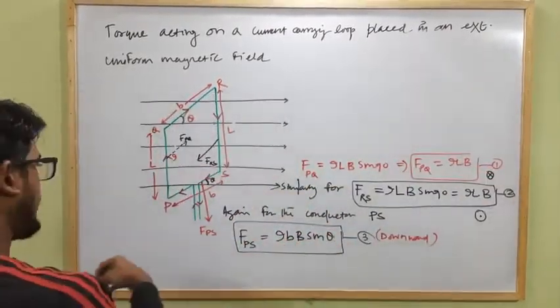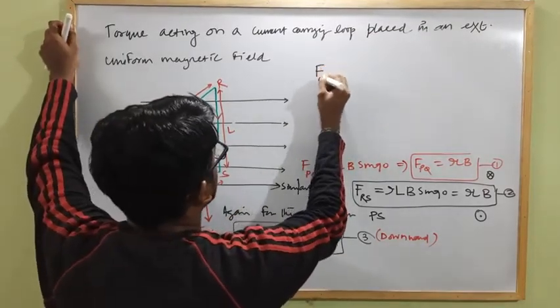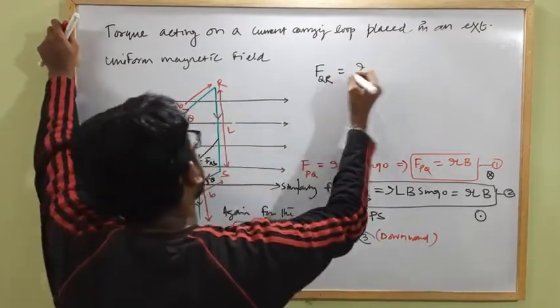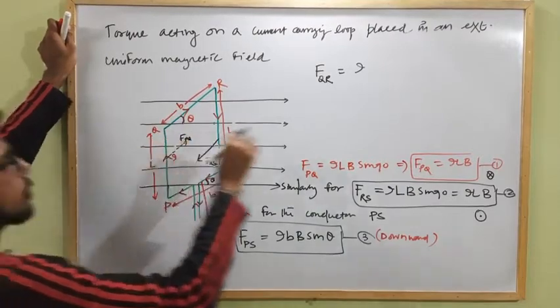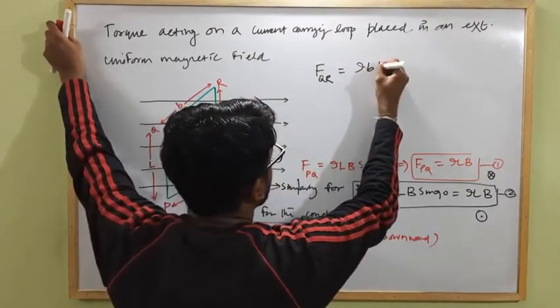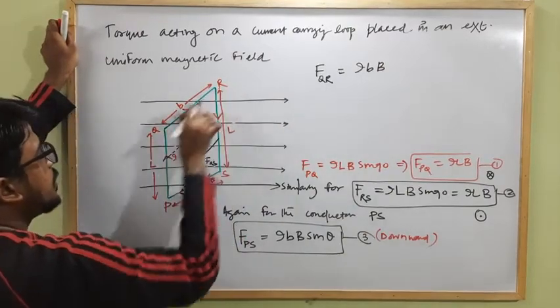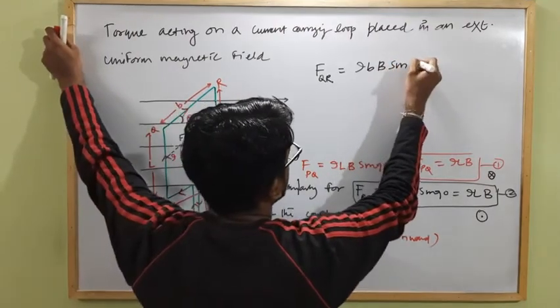What is the force acting on the segment QR? Again, the current flowing through it is I. The length of this current carrying conductor will be the same as the width of the current carrying loop, b. The magnetic field strength is B, and again the angle between the field direction and the length, which is along the current flowing through the conductor, will be theta, so sin theta.